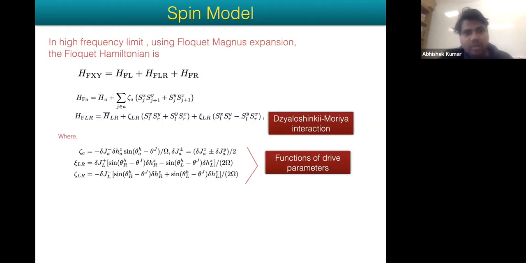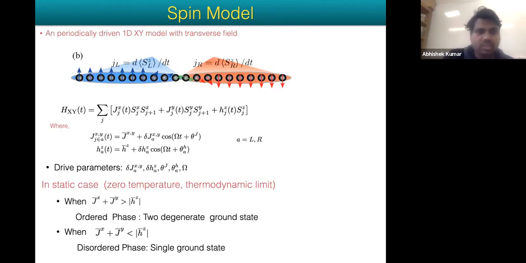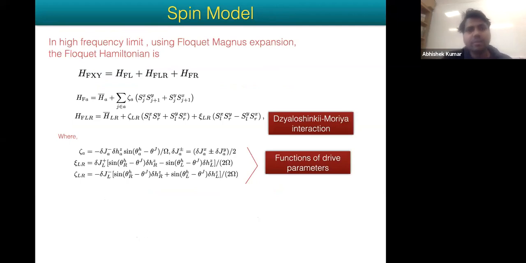So we will find the Floquet Hamiltonian for this periodically driven XY model in the high frequency limit, and we will use the Floquet Magnus expansion.